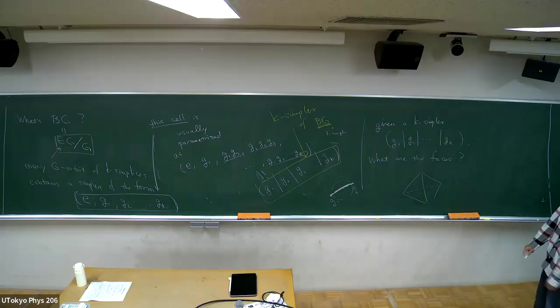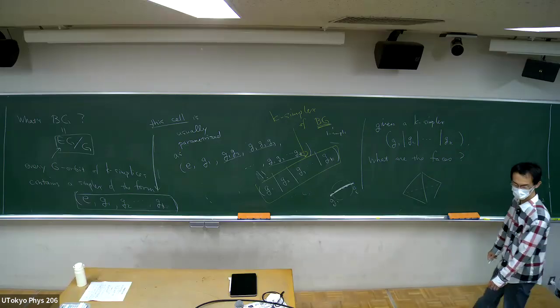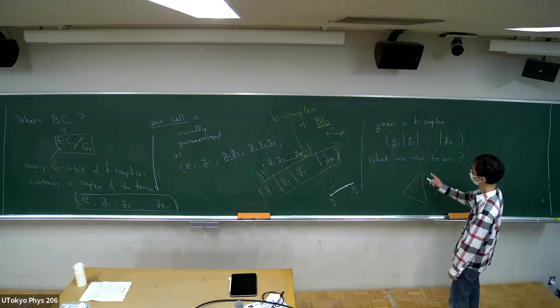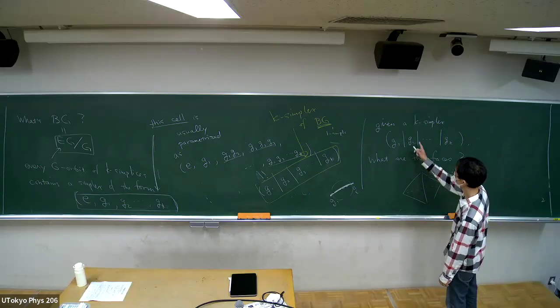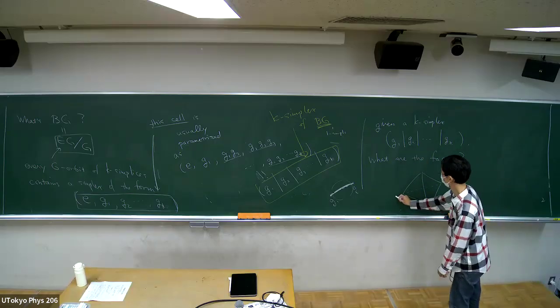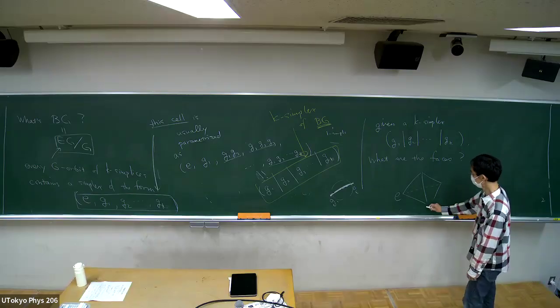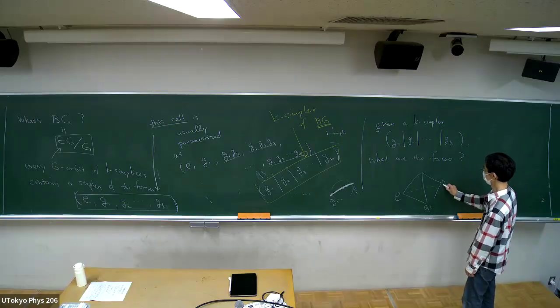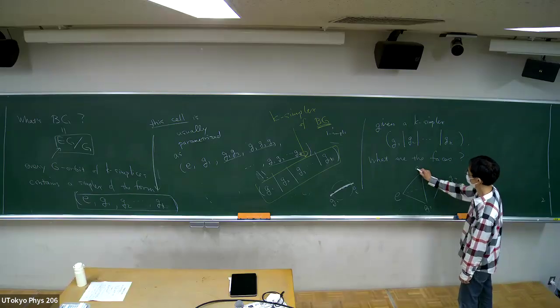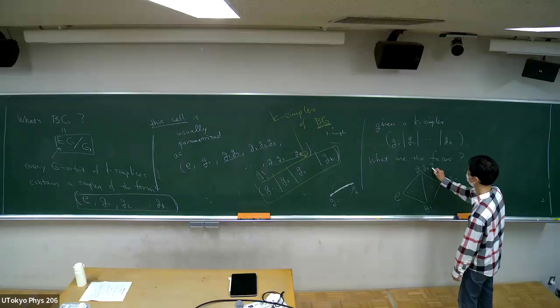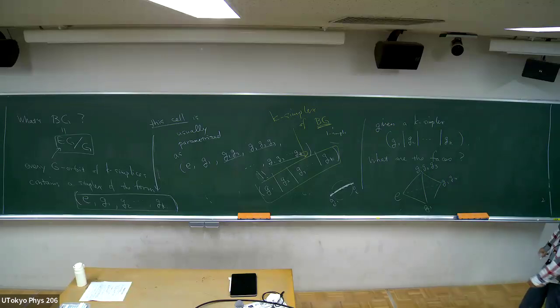Again, in my opinion, it doesn't really help to try to visualize, but this corresponds to a cell of this form, G1, G1 G2, and G1 G2 G3, say.